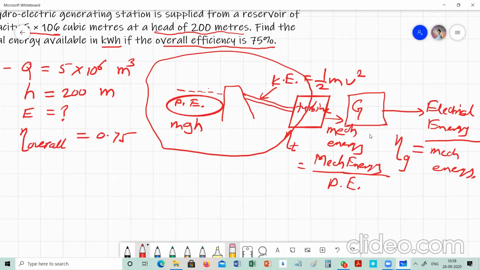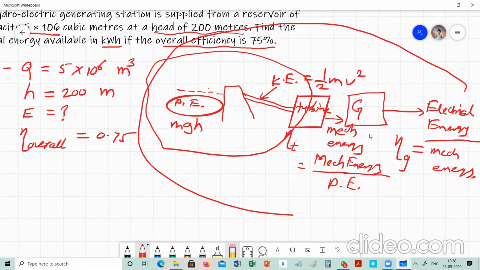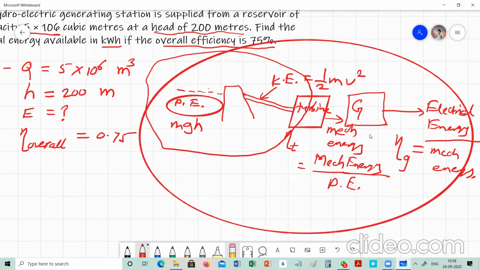Okay. So if you want to use the overall efficiency, overall efficiency means all these things are considered as one stage, where the input is the potential energy stored in the reservoir and the output is the electrical energy.